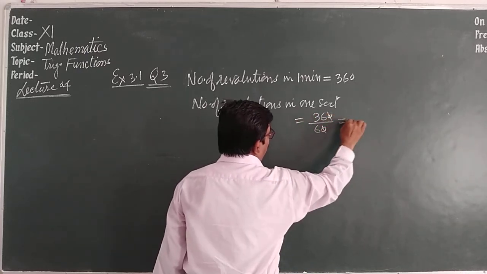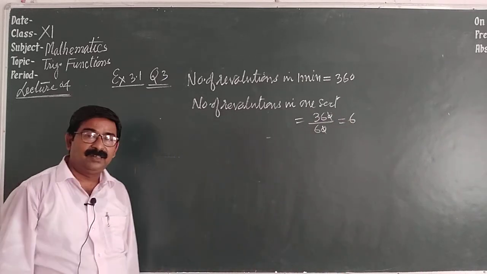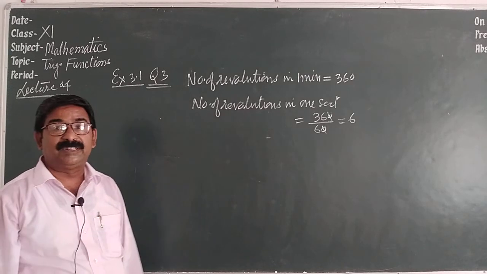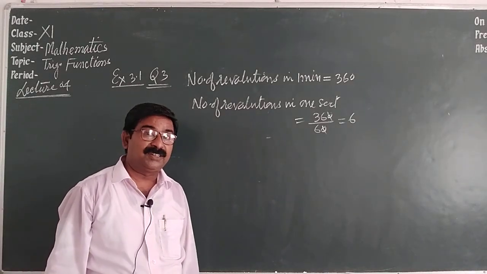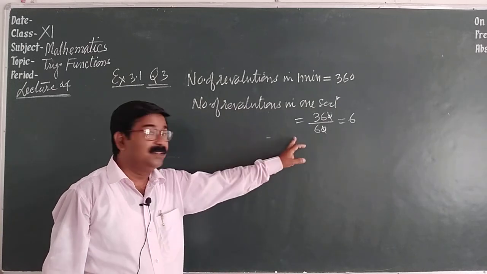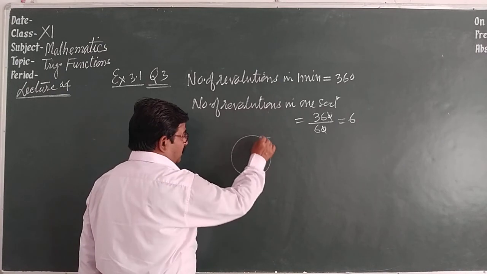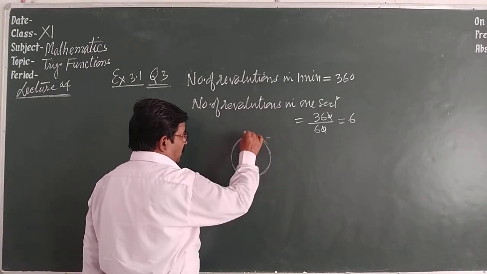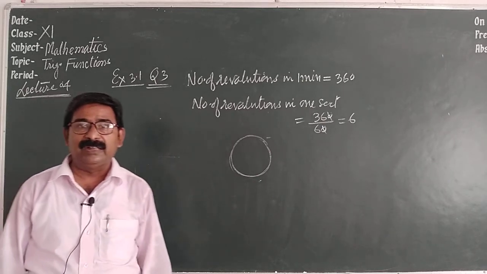This will go, 6, number of revolutions 6. Now we have to change this into radians. It is not 6 radians, this is 6 revolutions.